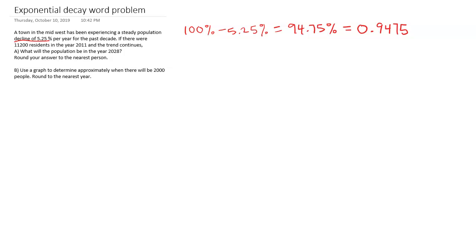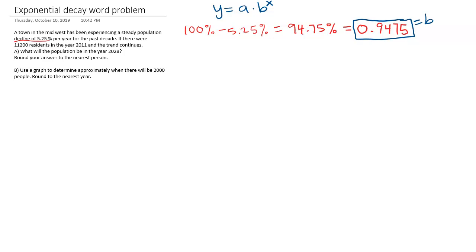Remember that the equation that we use to write these exponential equations is y equals a times b to the x power. All right, so this represents our b, is what we just found here.